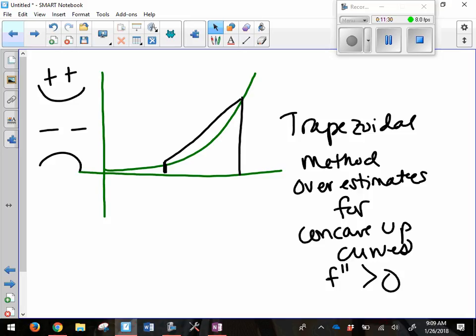Okay, mnemonics are there for a reason. So if my curve is going to be concave up, my trapezoidal method is going to overestimate.